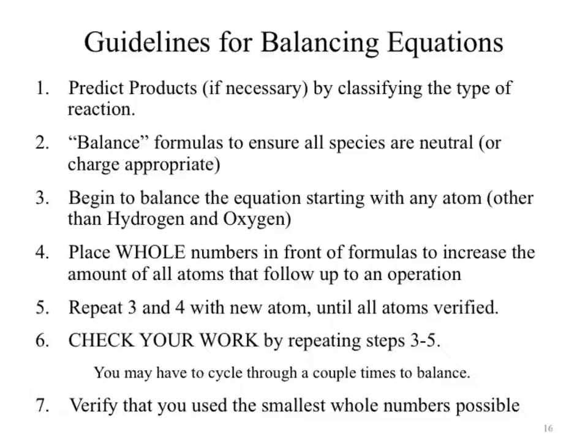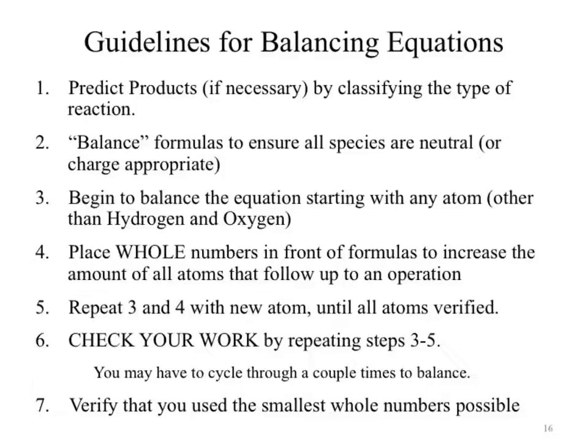Officially, that next step should probably not be 7, but should probably be about 10 or 11. What are these now invisible steps 8, 9, 10? Repeating step 6. Anytime you change a coefficient, you must repeat your balancing process. Anytime.